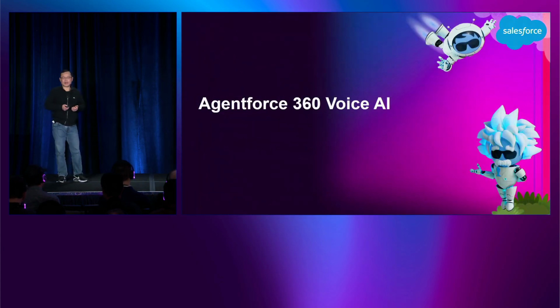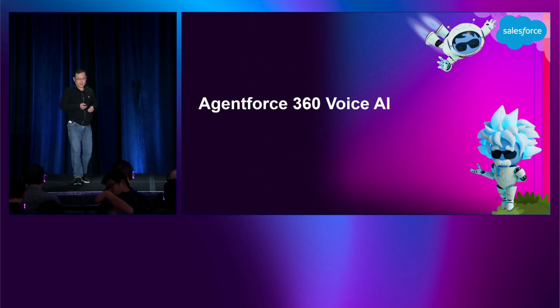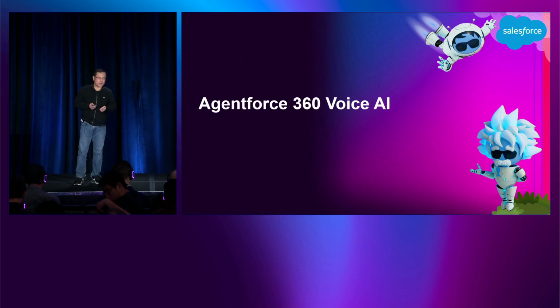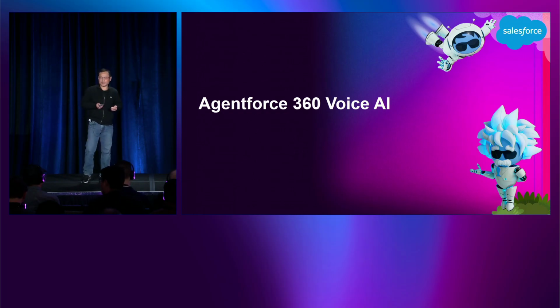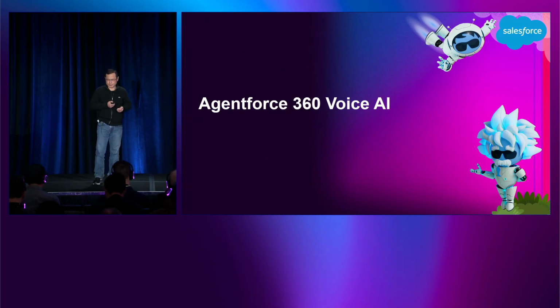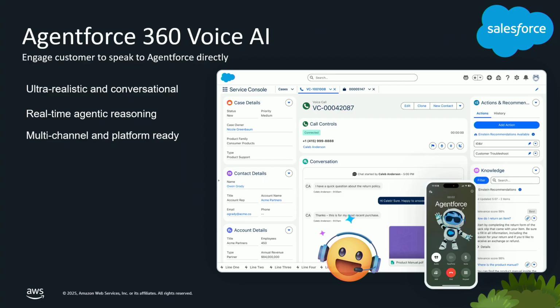Now, this was last year. This year, we introduced voice. Agentforce Voice is basically a natural extension of Agentforce core. It allows human beings to directly interact with Agentforce. Now, there are three main features of Agentforce Voice. First, we designed the voice to be ultra-realistic and conversational.